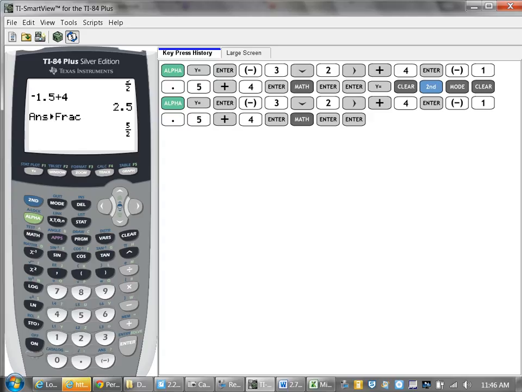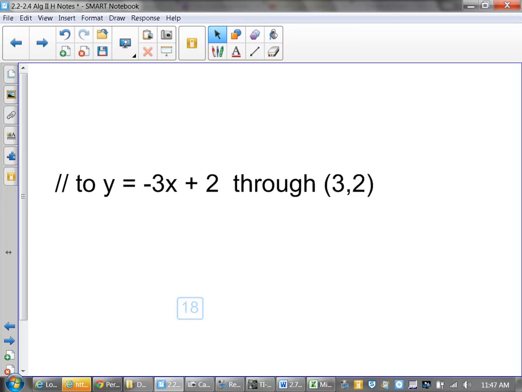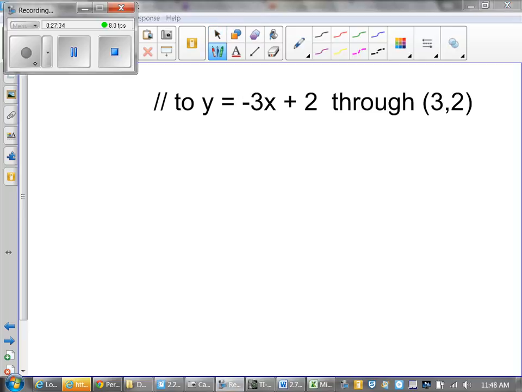All right. Any questions about how the calculator works on these fraction problems? Hopefully relatively easy. So take a second and solve this one. Write the equation in slope-intercept form that is parallel through that point. I'll give you a minute or two to do that.